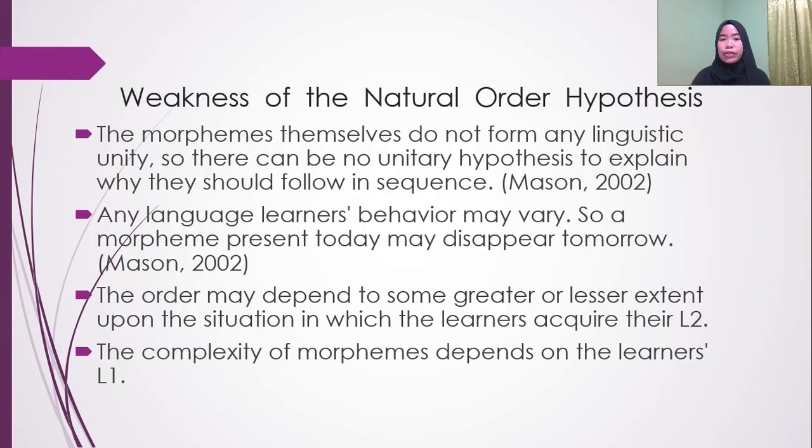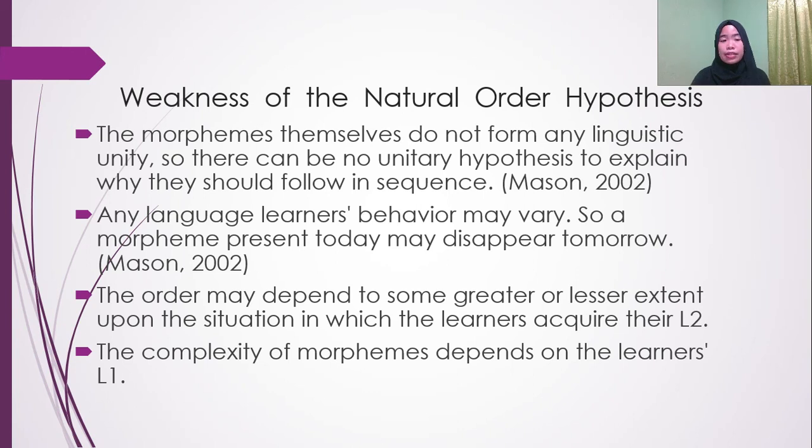These are the weaknesses of the natural order hypothesis. First, the morphemes themselves do not form any linguistic unity, so there can be no unitary hypothesis to explain why they should follow in sequence, said Mason in 2002.